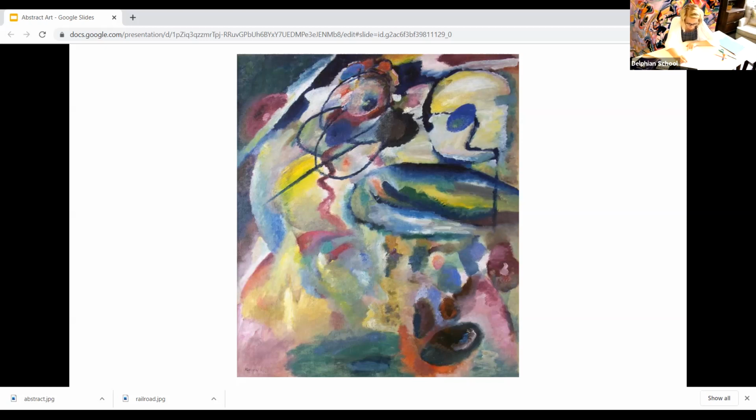And what abstract artists did is they focused on achieving an effect rather than trying to make something look exactly like something. Abstract art is also often called modern art, and it has no clear rules. There's no list of what you can and can't do to make it look like a specific thing.